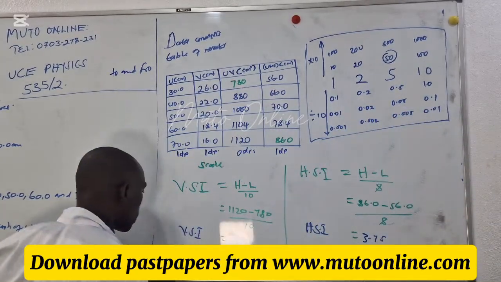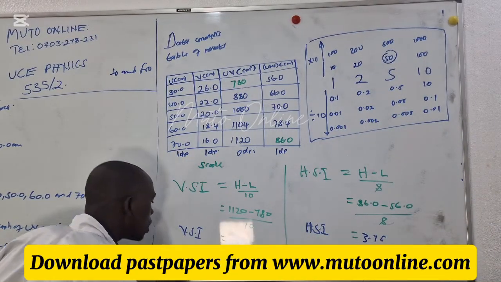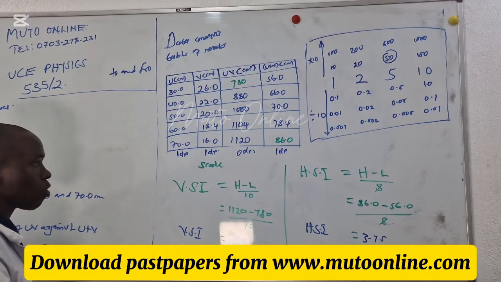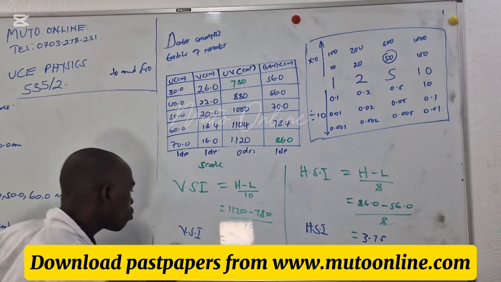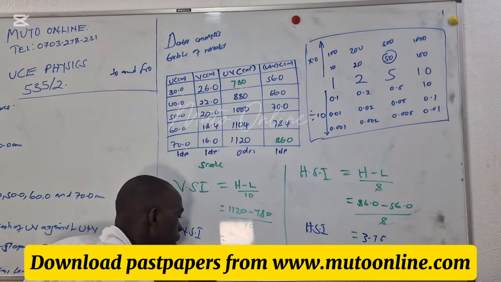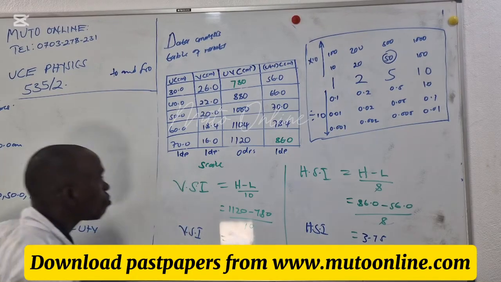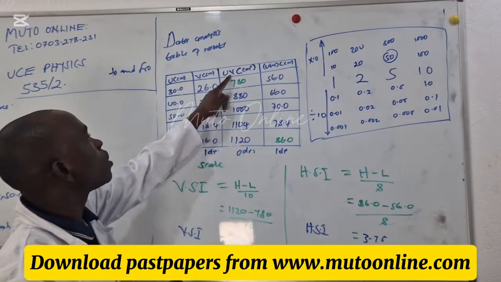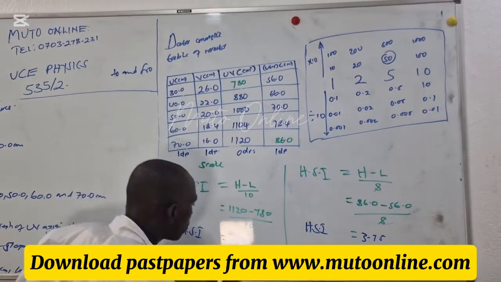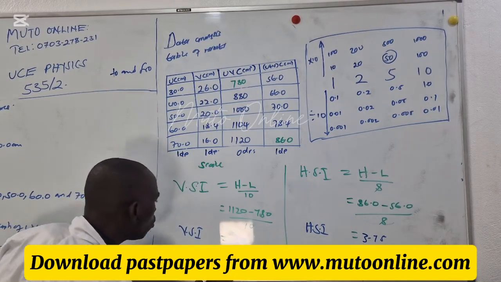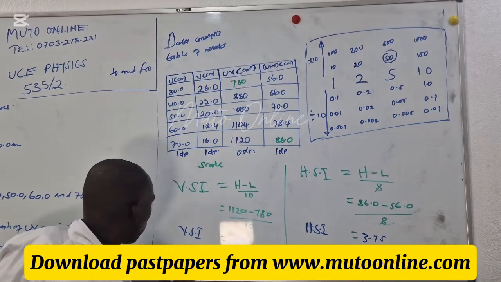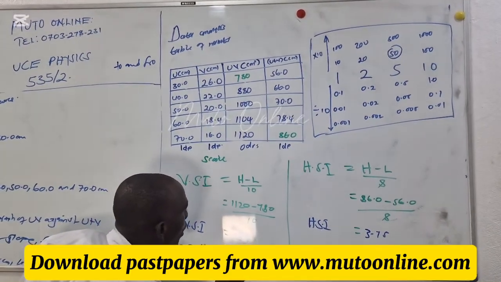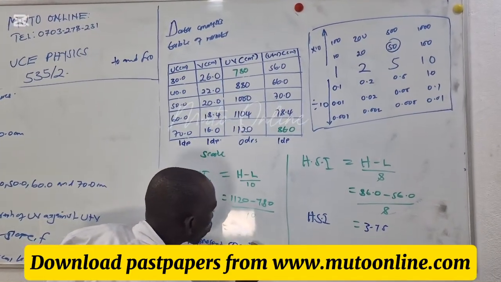So you come here and say 2 centimeters of your graph book on the Cartesian plane represent what? Remember, the vertical scale is UV. So 2 centimeters will represent 50 centimeters squared.